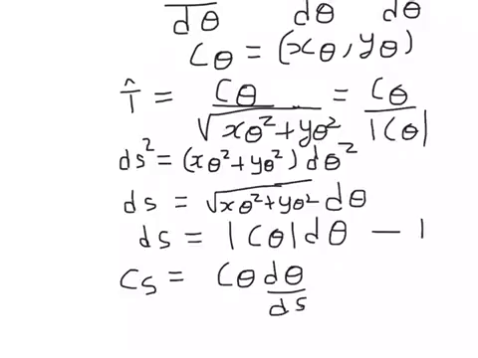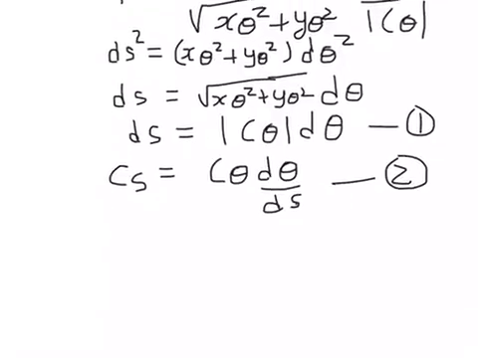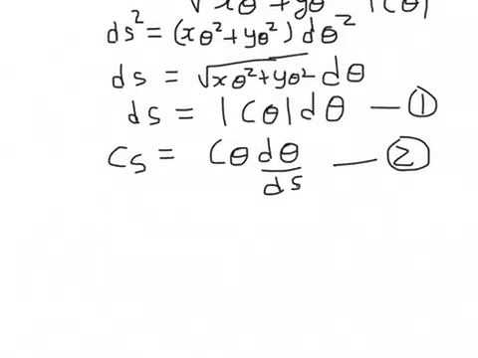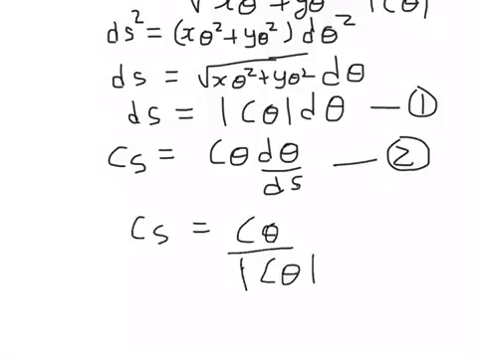And if we look at equation 1 and equation 2, we'll get C s is equal to C theta upon the magnitude of C theta. And this is the unit tangent.